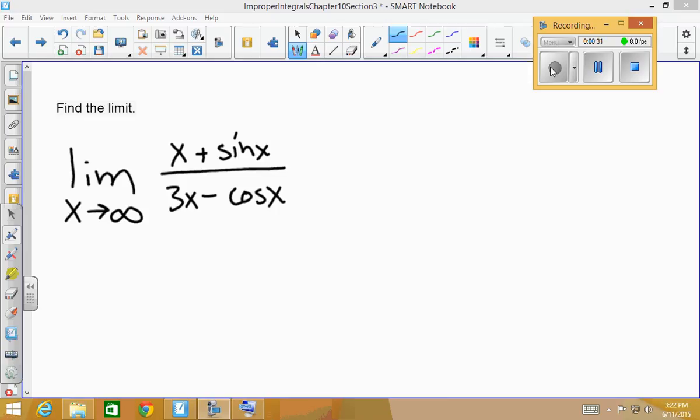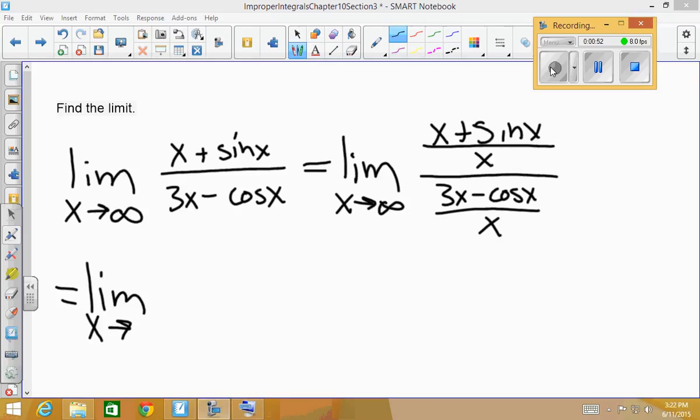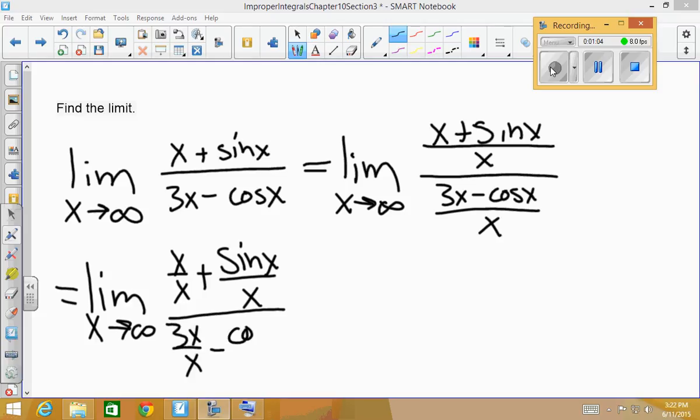So we write that here. That ends up breaking up into several fractions. x over x plus the sine of x over x, divided by 3x over x minus the cosine of x over x.